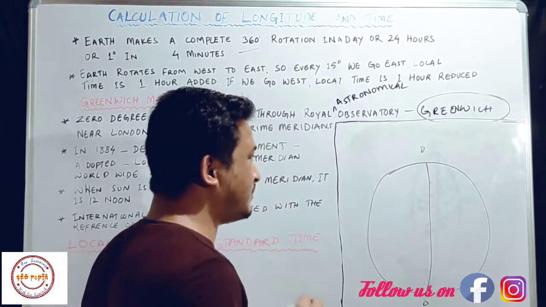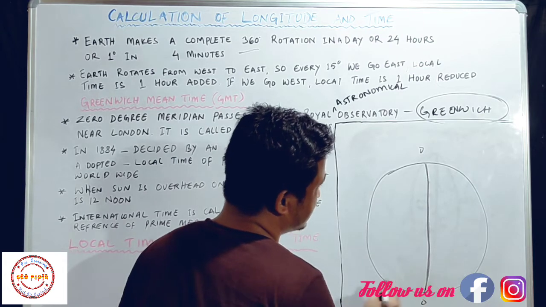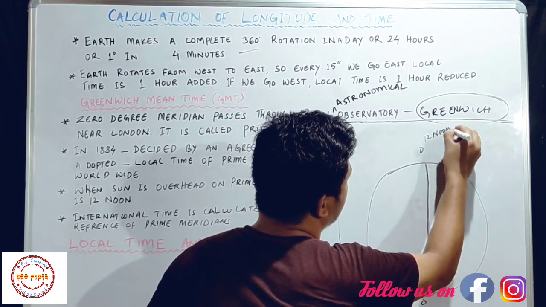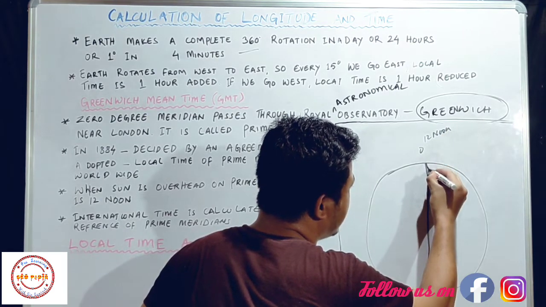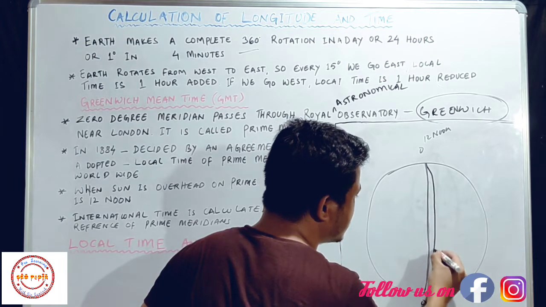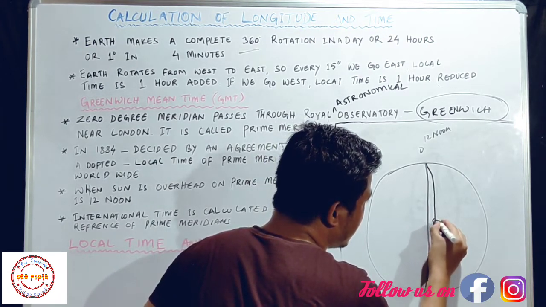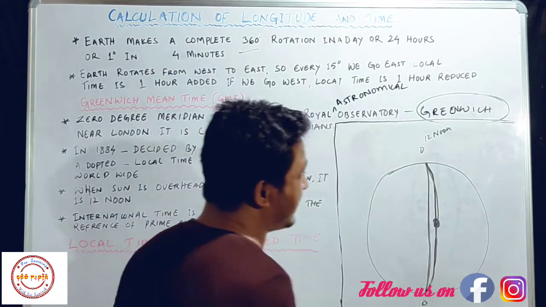Okay, now students, suppose this is prime meridian 0 degree, and here we have 12 noon. And from here, if we move 1 degree, suppose this is 1 degree longitude. Then what will be the time here in this 1 degree longitude? Can you tell me what will be the time?